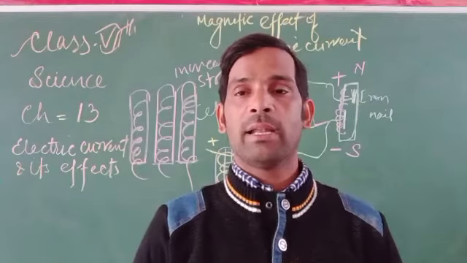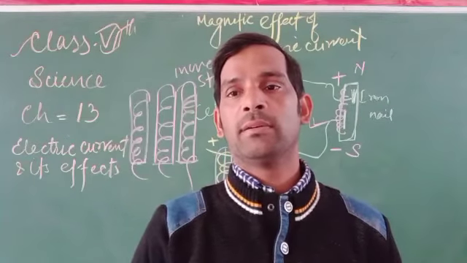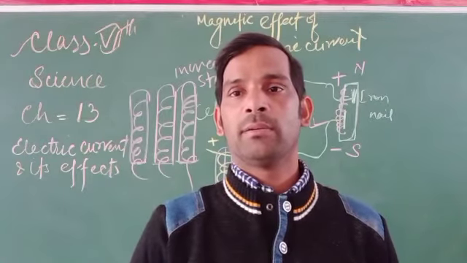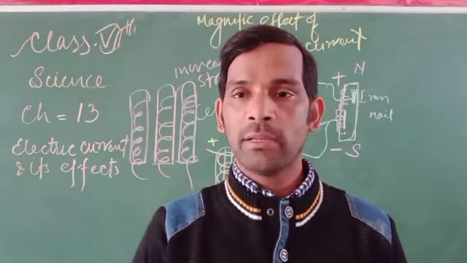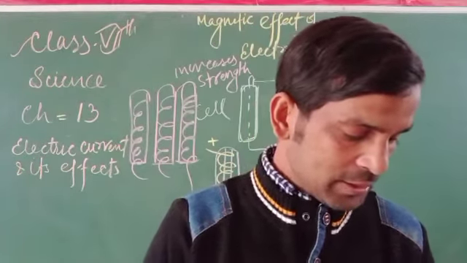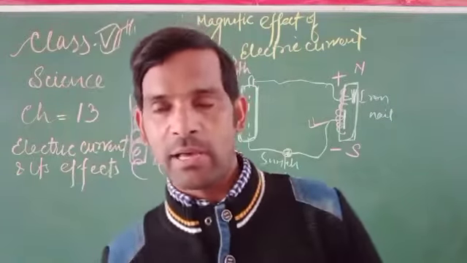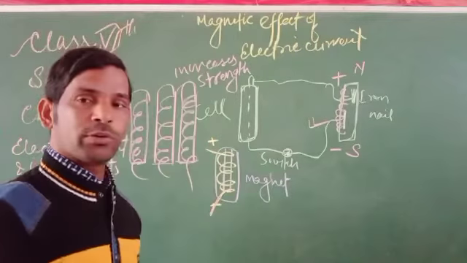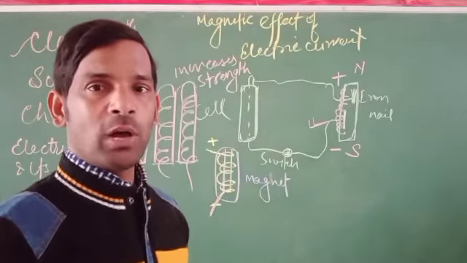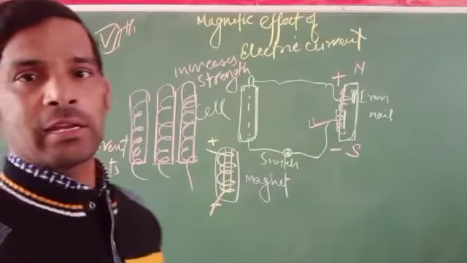So the electric current acts with a magnetic behavior, or the magnetic effect can be caused by an electric current. This can be used in an electromagnet in an electric train, or in a call bell, or in the electromagnet.